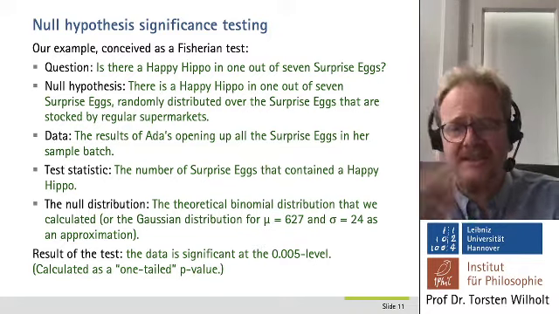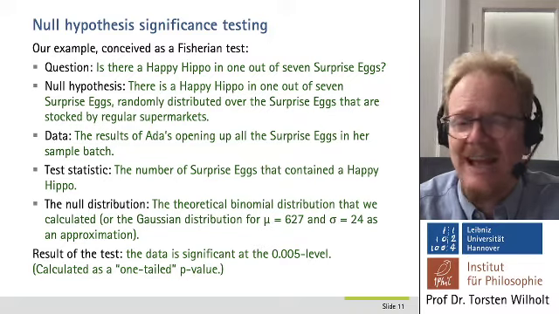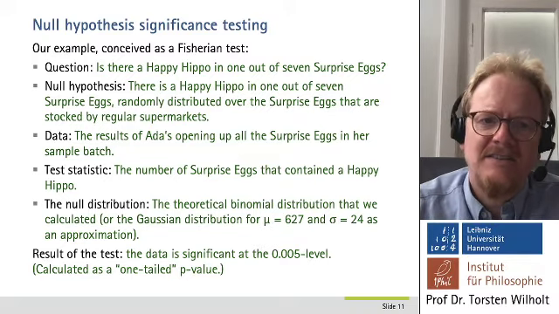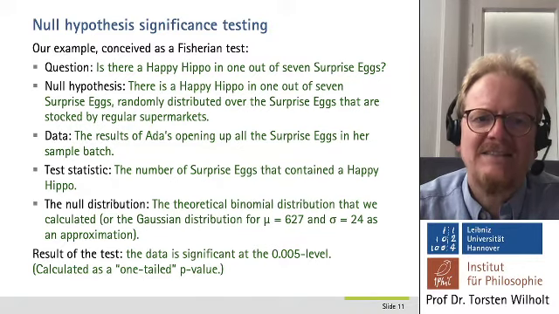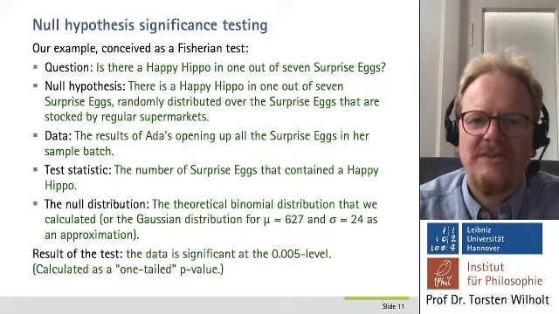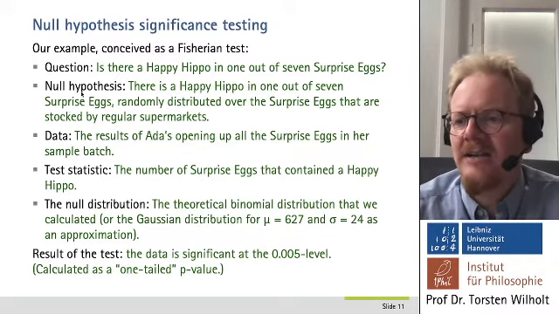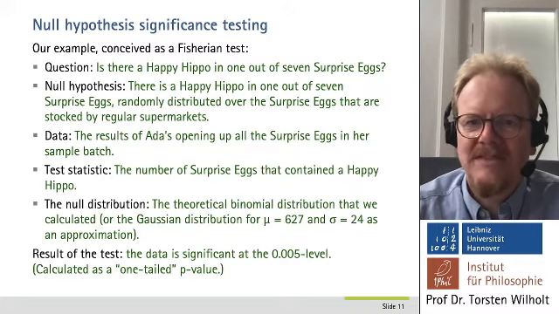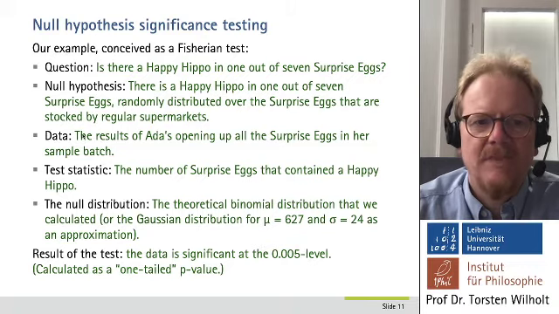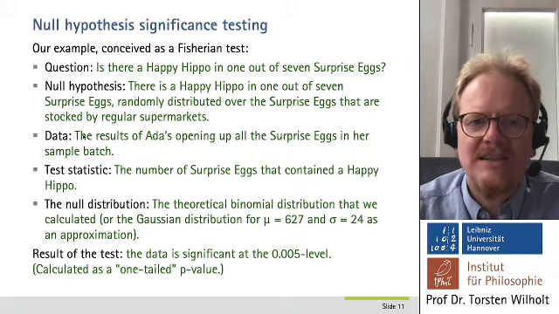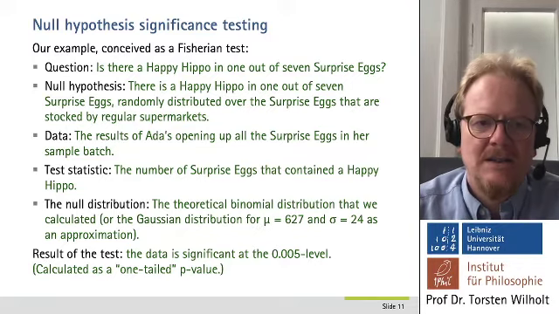So the question here is something like, is there a happy hippo in 1 out of 7 surprise eggs? And the null hypothesis is there is a happy hippo in 1 out of 7 surprise eggs, randomly distributed over the surprise eggs that are stocked by regular supermarkets, such as the one where Ada got her sample batch. The data are the results of Ada's opening up all the surprise eggs in her sample batch.